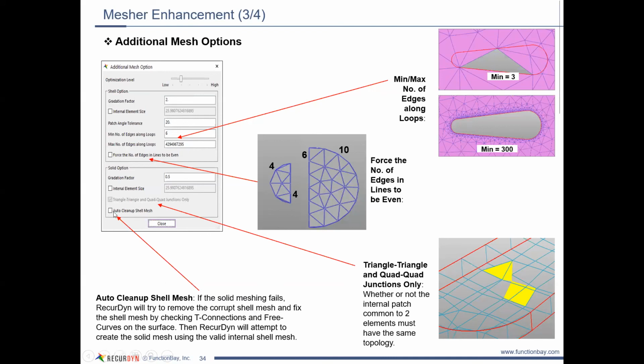So by checking this auto cleanup, if the solid meshing fails, then RecurDyn will get rid of that corrupt shell mesh and go and fix it, checking things like the free curves and the T connections, which is a good way to check for some redundant conditions and so forth. Anyway, it will try to fix that shell mesh, and then it'll try to redo the generation of the solid mesh using the shell mesh. And so that's another new option.